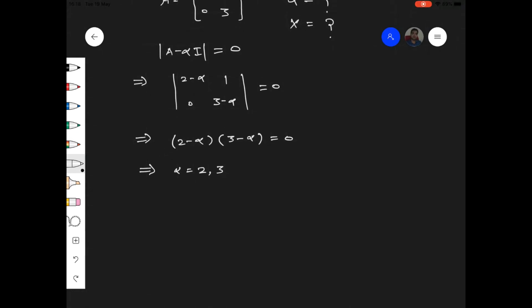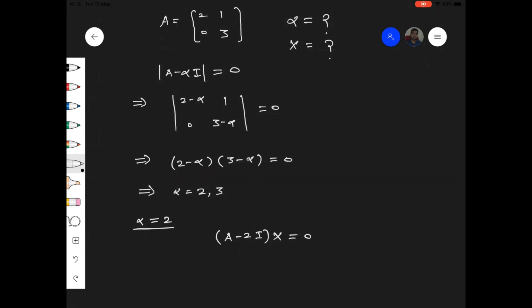Now we'll find the corresponding eigenvector with respect to the eigenvalue 2. Let's choose the value of alpha as 2, and to find the vector X, we put A minus alpha I times x equals 0, with alpha as 2. You see it's a homogeneous system of linear equations.